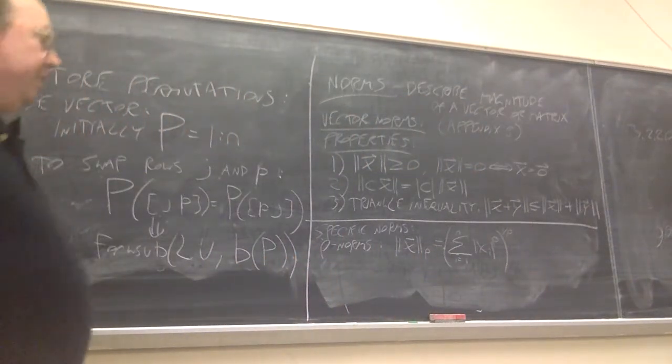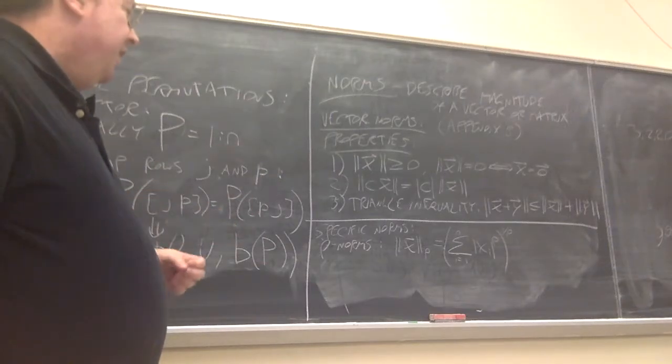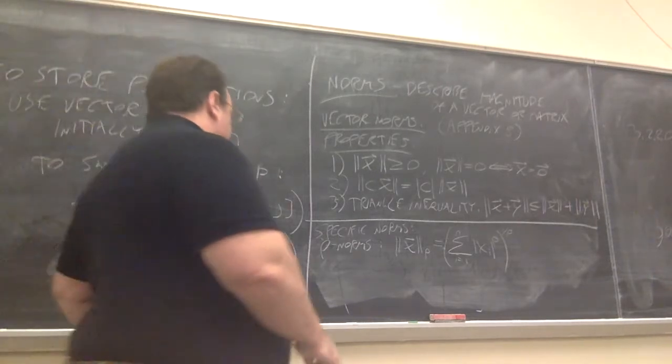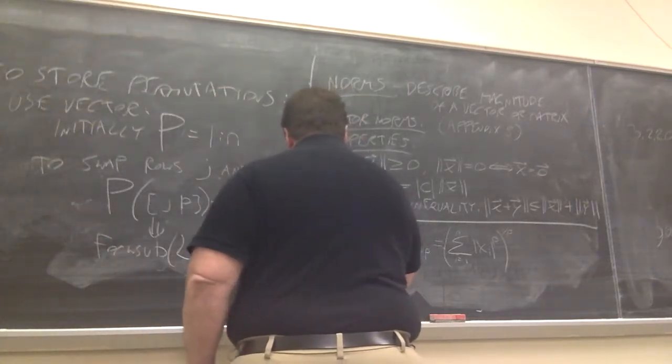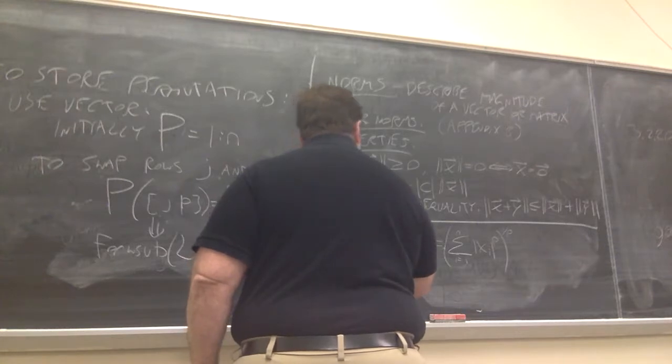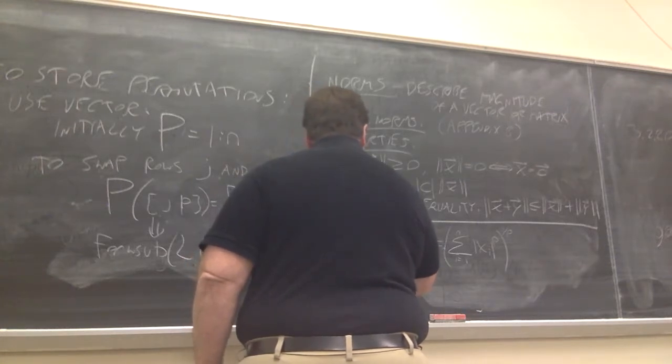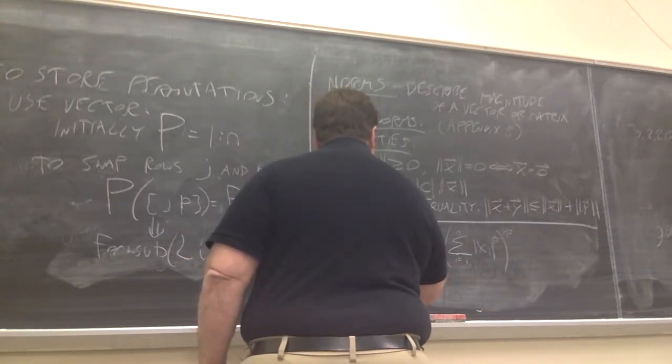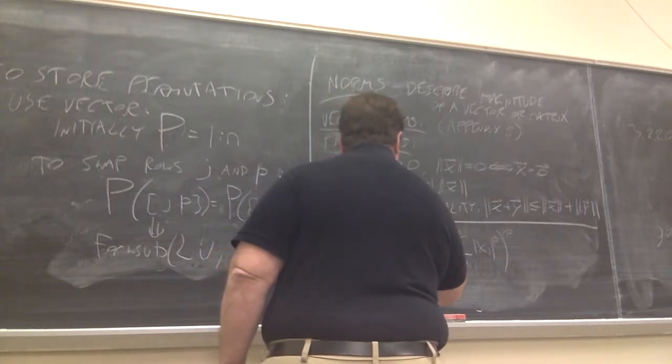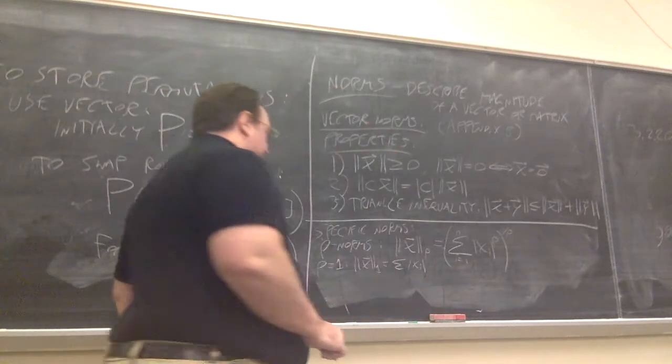You're already familiar with this in the case of p equals 2, which is like the Euclidean length of a vector. For instance, p equals 1 gives the 1 norm, and that's just the sum of the absolute values of all the entries.